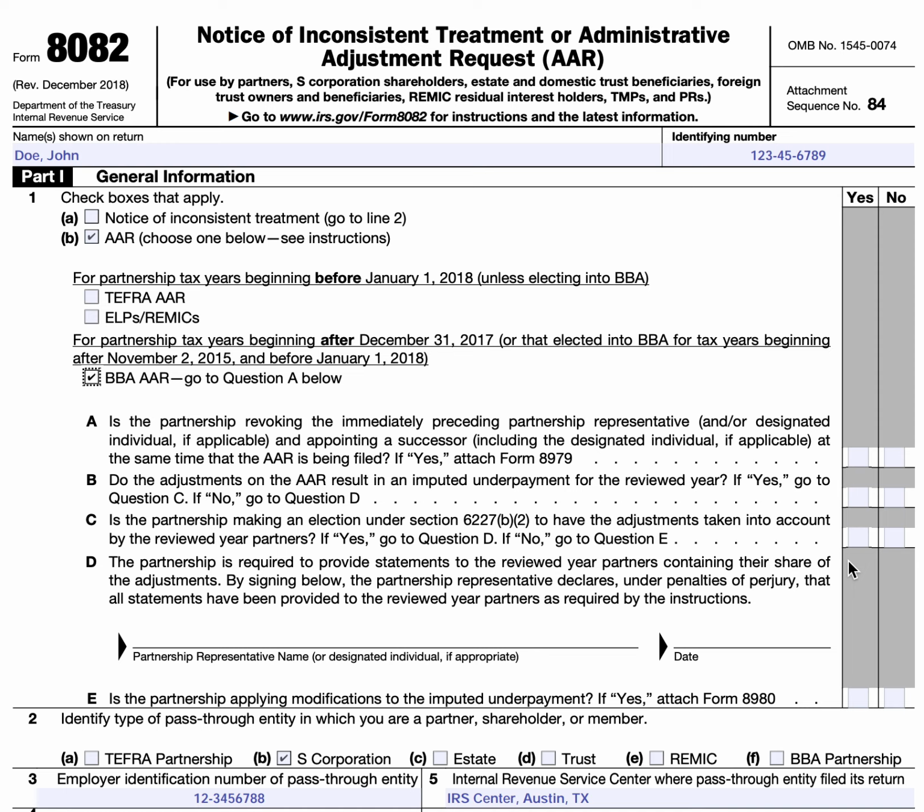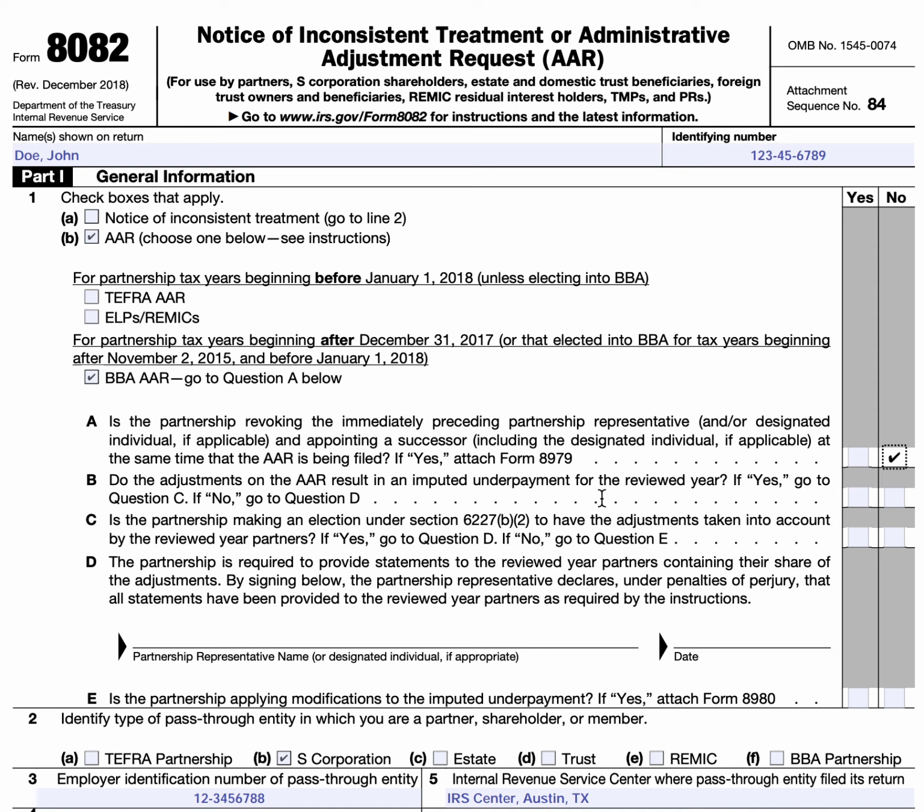Is the partnership revoking the immediately preceding partnership representative? So are we changing out representatives? Because if so, you would need to attach IRS Form 8979 that basically makes that change. So we'll say no. Do the adjustments on the AAR result in an imputed underpayment for the reviewed year?